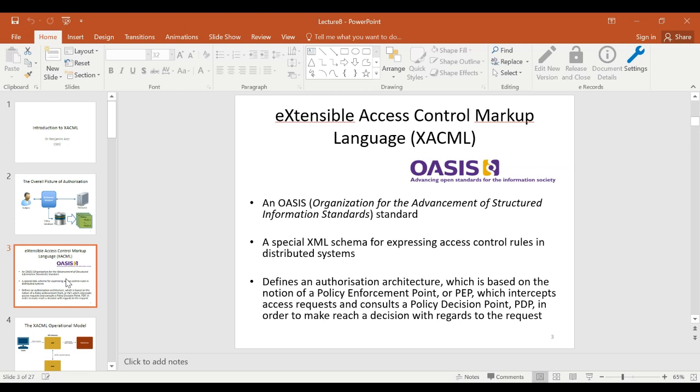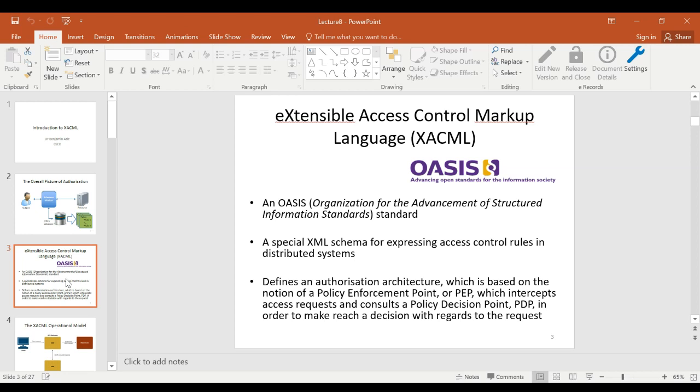It has been for many years now an OASIS standard. You can look up the OASIS website, and you will see all the specifications for this language, and the working groups that maintain those specifications.